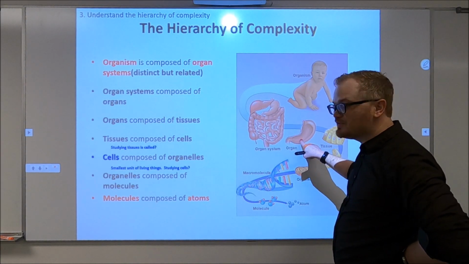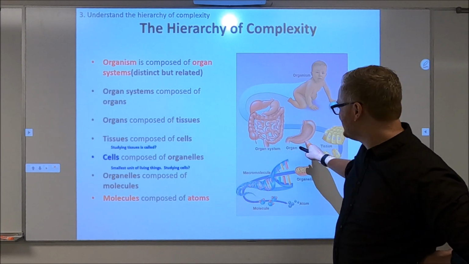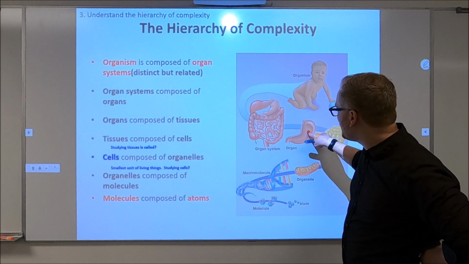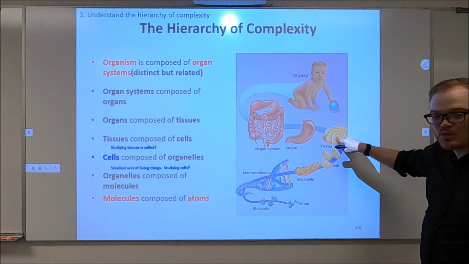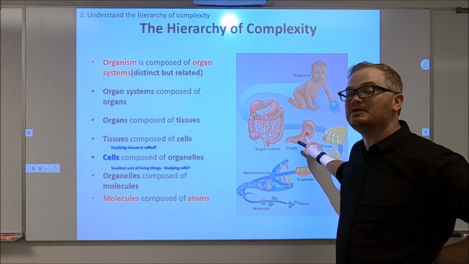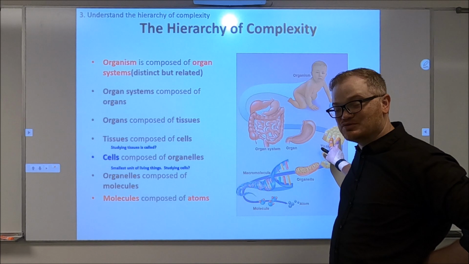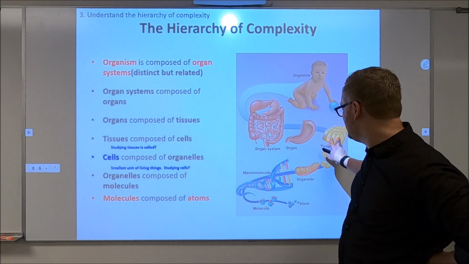Those systems being made up of individual organs, many organs making up an organ system. Here, like the stomach, those organs being composed of two or more tissues working together for some sort of common goal. Mind you, a tissue, that is studying tissues, histology.